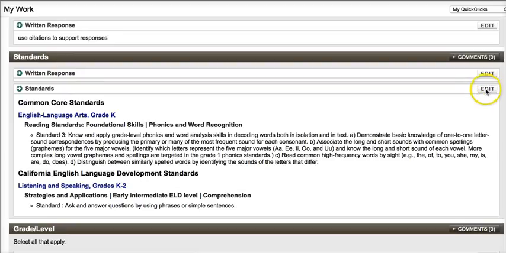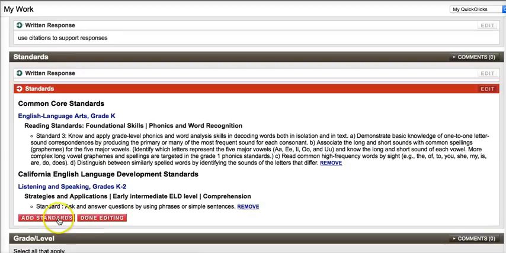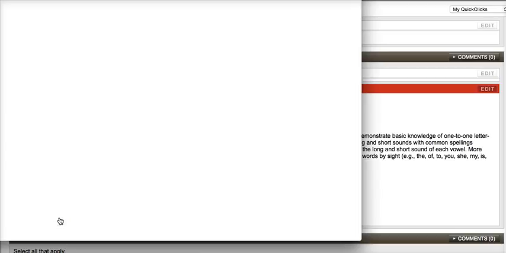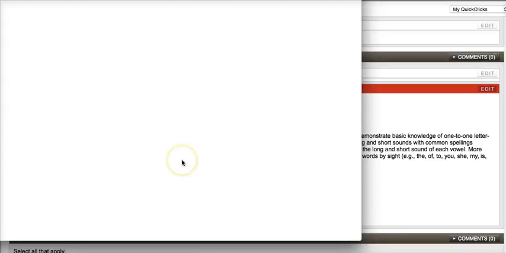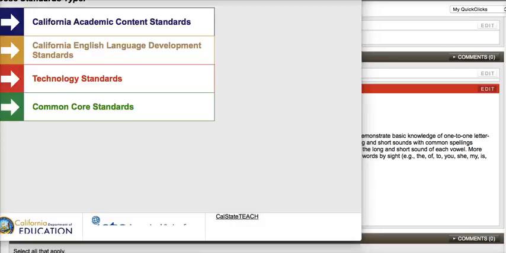When you open up the standards, you click edit, and then it'll take you to whatever standards you are going to be using. Now, what is very important is for you to select the standard that you are going to be using for your lesson for the day.